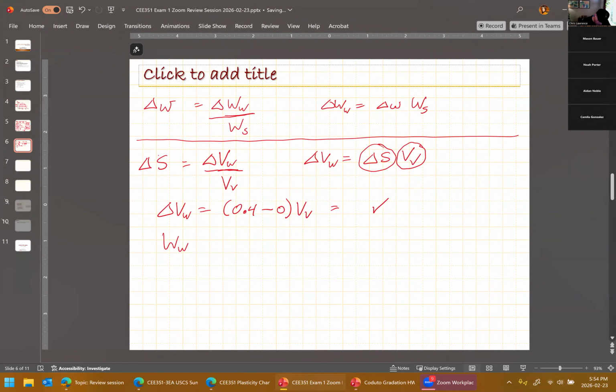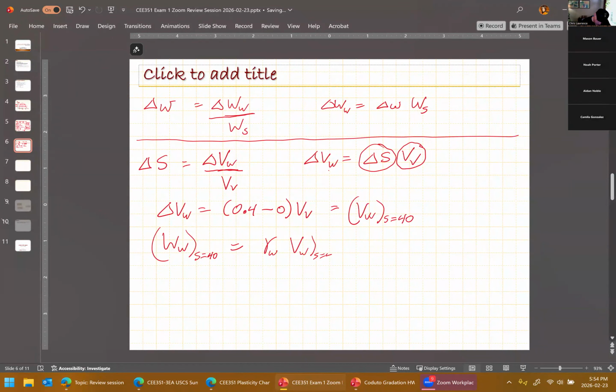Weight of water for S equals 40, right? Equals, and I might call this volume of water when S equals 40. Well, gamma W times VW, in this case, for S equals 40.